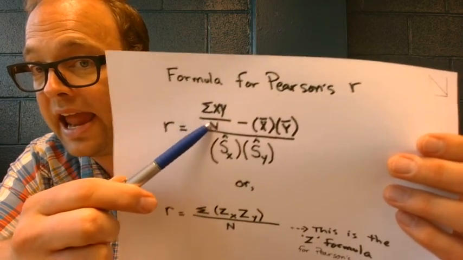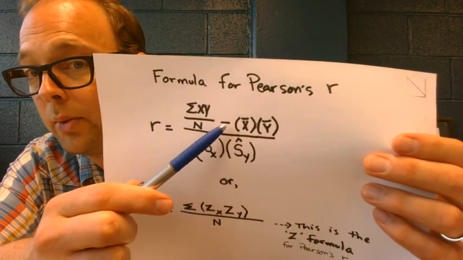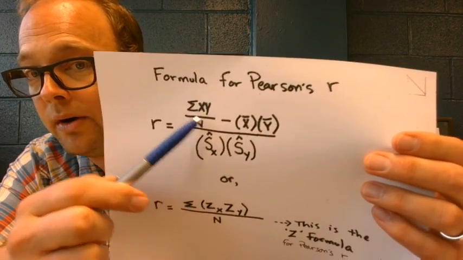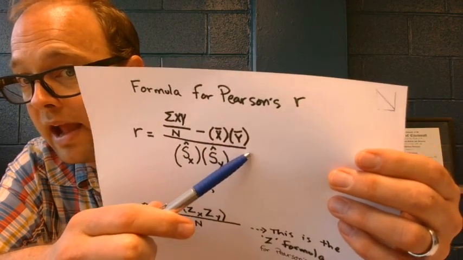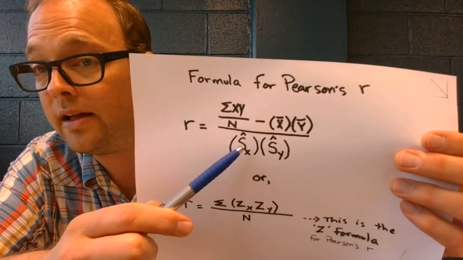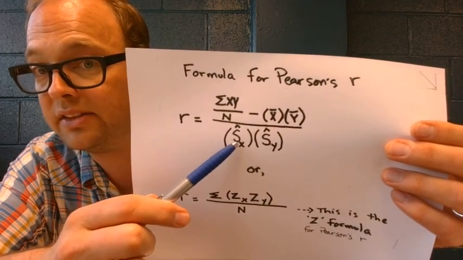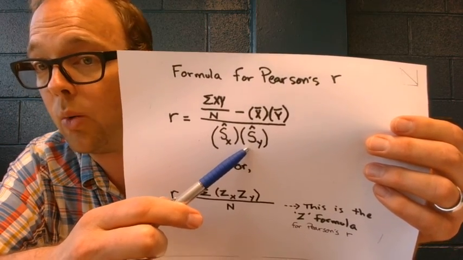That's going to give us a number. We'll see an example in a little bit, probably in part 2. And then we're going to subtract from that number the product of the mean for x times the mean of y. And then we're going to divide that whole numerator by the number that results from taking the standard deviation for our x variable times the standard deviation for our y variable.